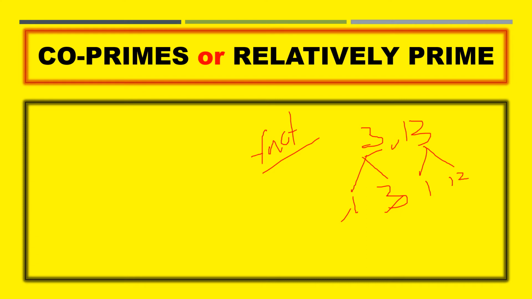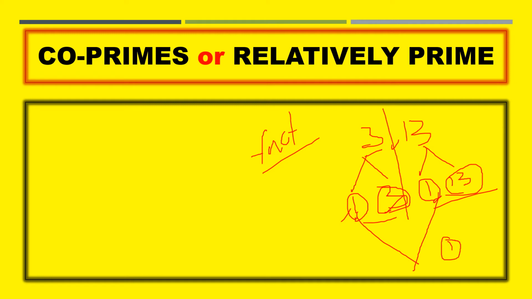Apart from this, these two numbers do not have more factors. The common thing between both is 1. If for any pair 1 is the only common factor, then such numbers are called co-prime numbers.